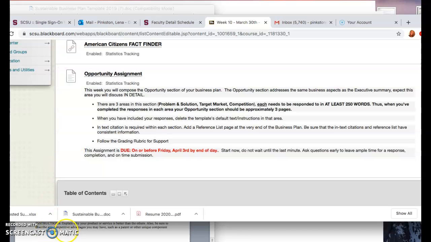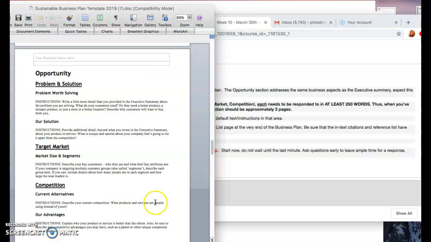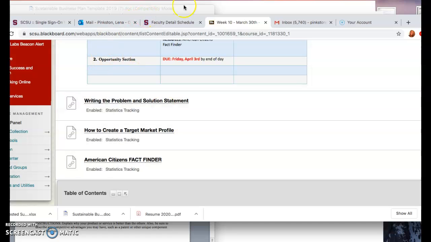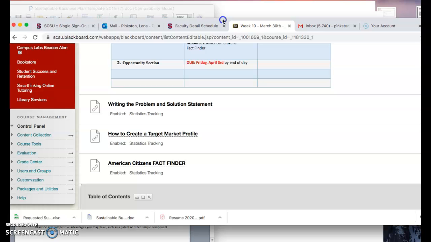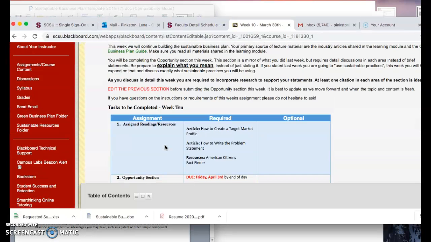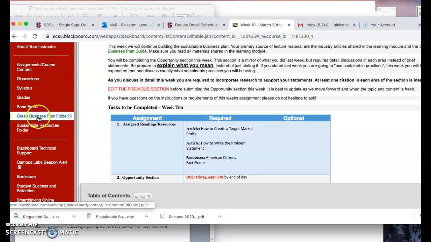Let's go to the business plan. So actually, let me go to it in the course because some people were still unaware of where the actual file is. Okay. So right here, guys, this is the green business plan folder.